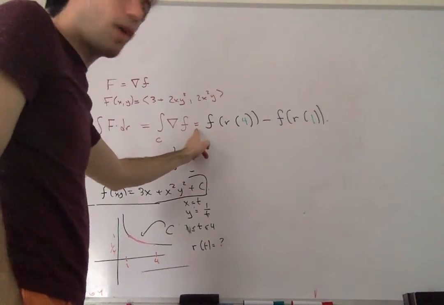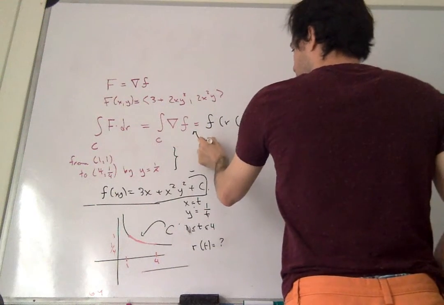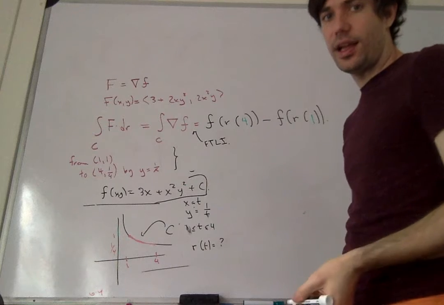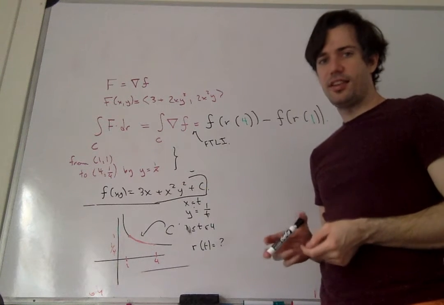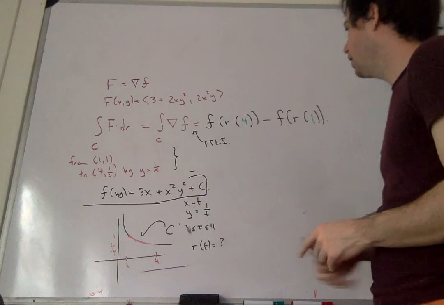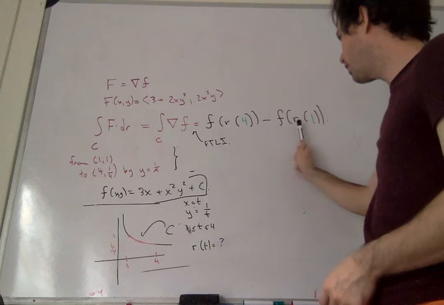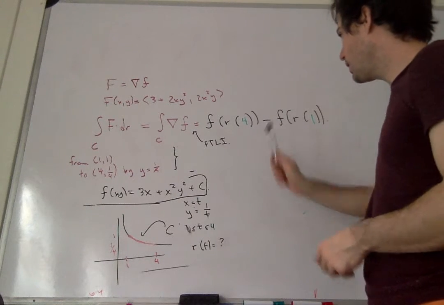And why is this equal sign true? Well, this is true by the fundamental theorem for line integrals, by the FTLI, which is the vector calculus version of the FTC, the fundamental theorem of calculus. So this is f of r(B) minus f of r(A). Where do I get A and B?